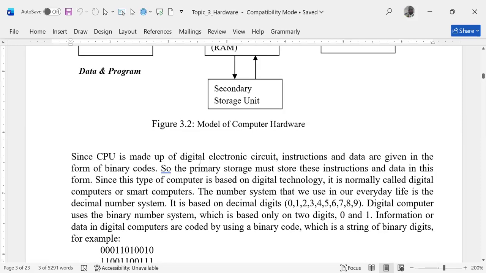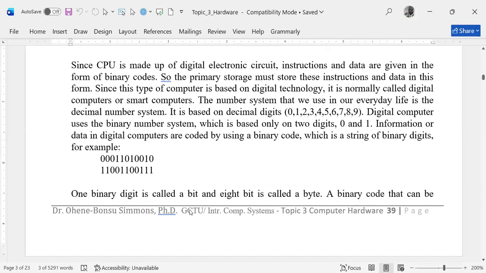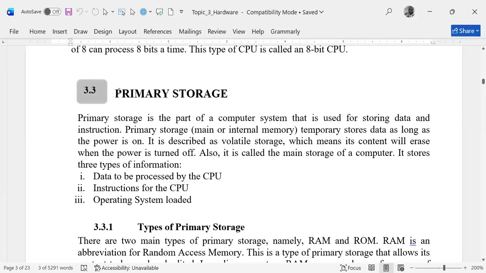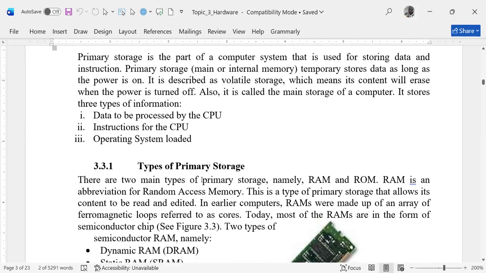The CPU, as you're aware, is a digital electronic component and circuit. The CPU consists of two main components, the ALU and the control unit. We have done all this. And then we have also understood primary storage, the main memory type.